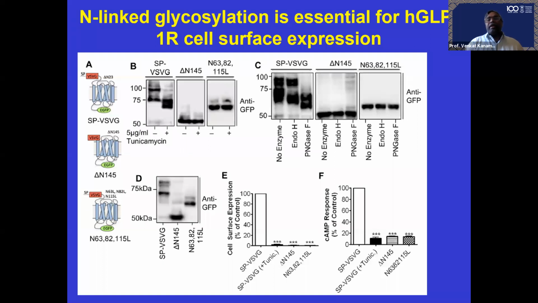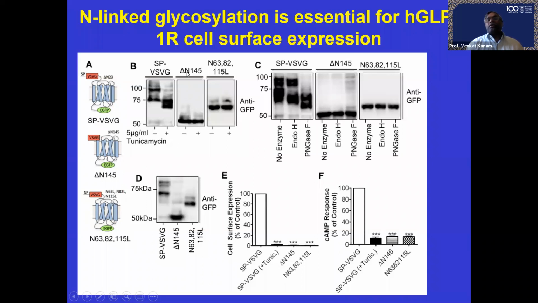As you can see here, this is the wild type. When you treat with tunicamycin, which is an inhibitor of glycosylation, there's no glycosylation of the receptor, therefore it runs faster than this one. So it appears as a low molecular weight receptor.